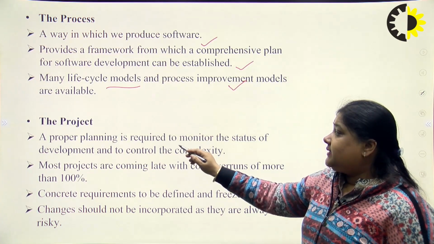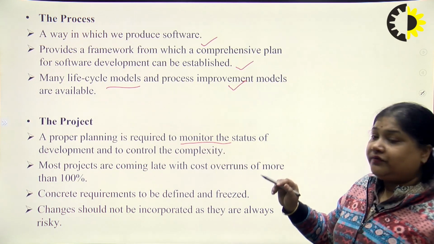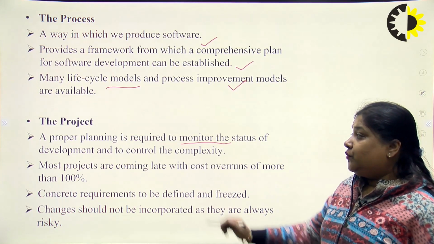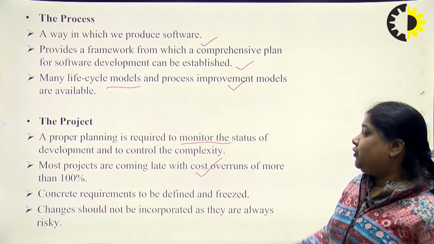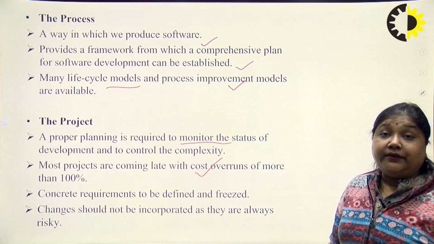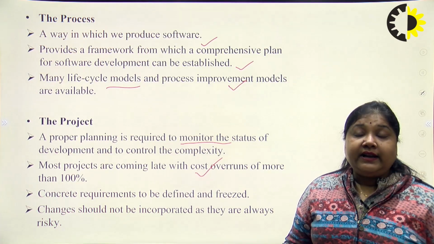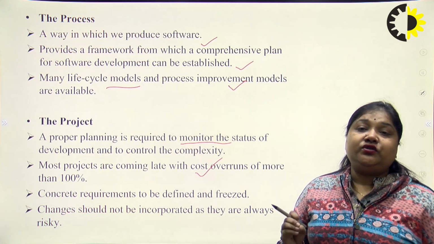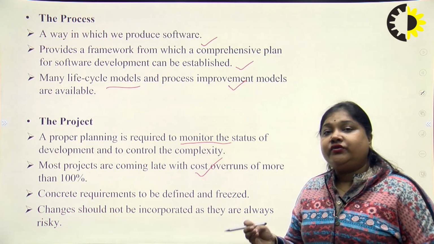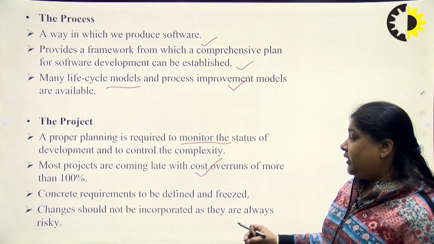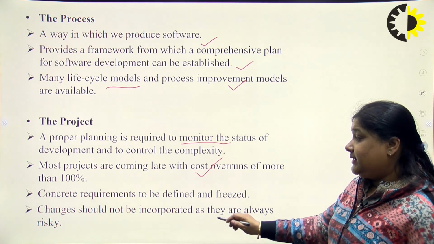Proper planning is required to monitor the status of development and to control the complexity. Most projects come late with cost overruns of more than 100%. So concrete requirements should be defined and frozen, and only then should the developer start working on the software. Changes should not be incorporated as they are always risky.